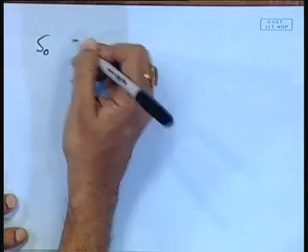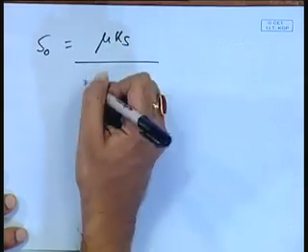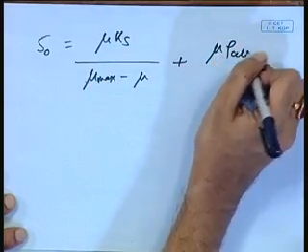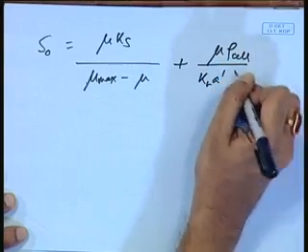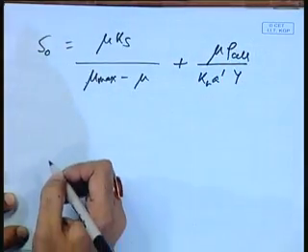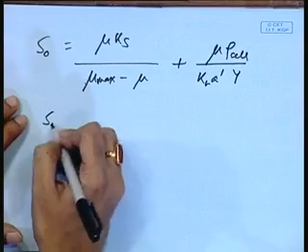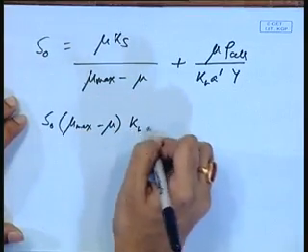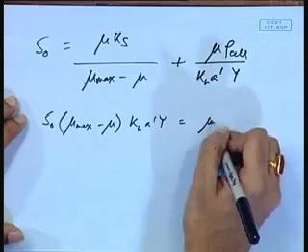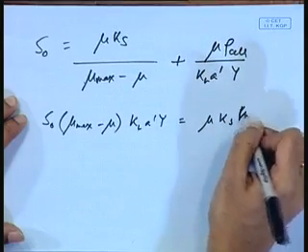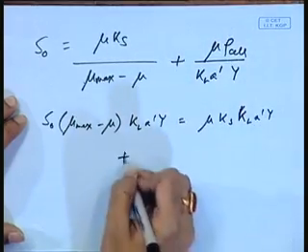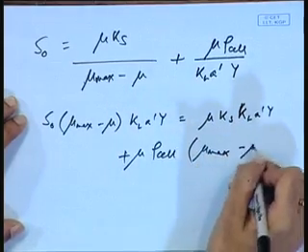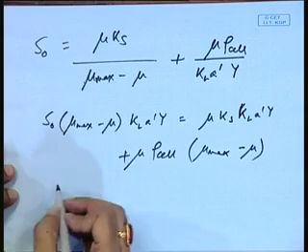So here, your equation is mu Ks over mu max minus mu plus mu rho cell over kLa prime y. Then you multiply the whole thing by mu max minus mu and so on. So you get mu max minus mu times kLa prime y equals mu Ks kLa prime y plus mu rho cell times mu max minus mu, right? So this becomes a quadratic in mu.